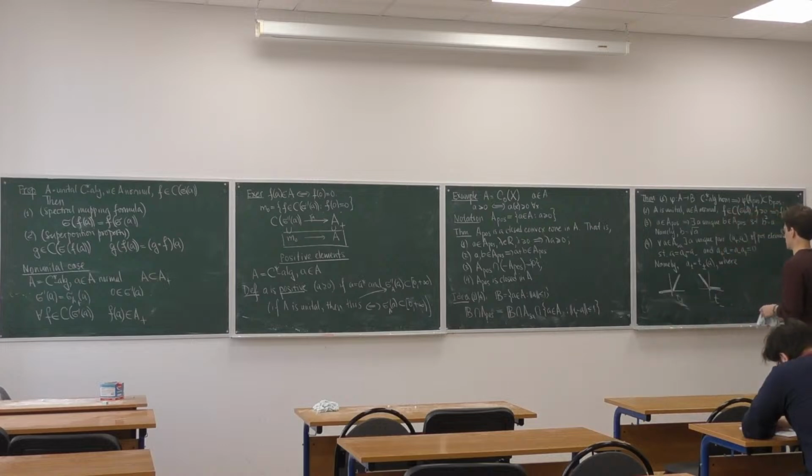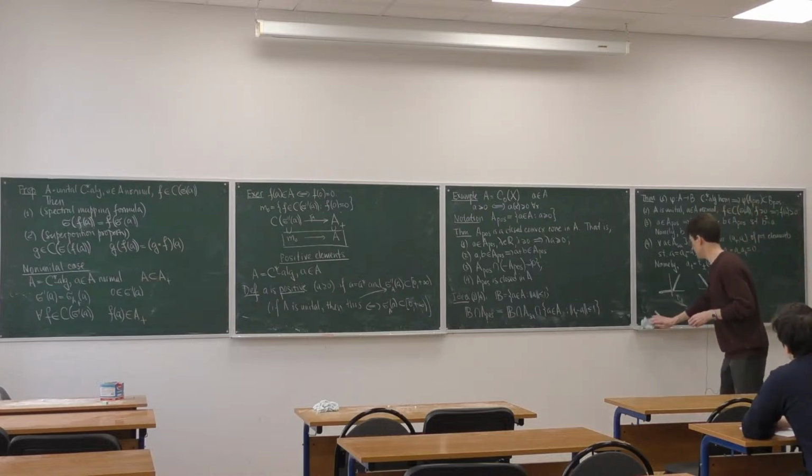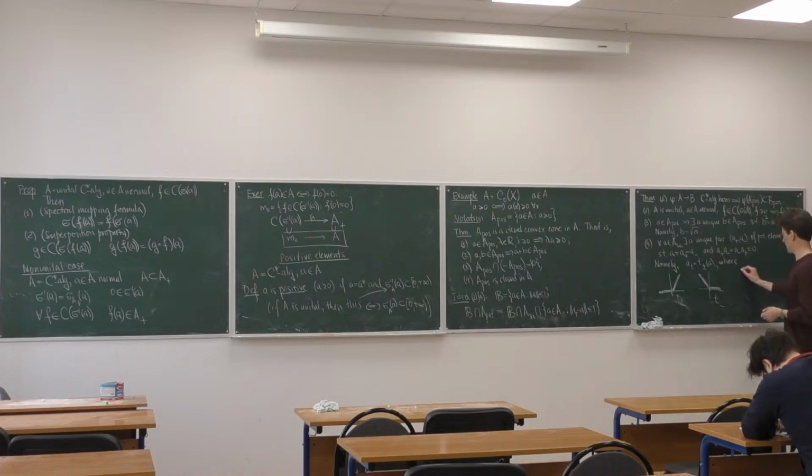And finally, a very important property 5, short but important. This result is due to Kaplansky. And it tells us that for every element a in A, the element A star A is positive.